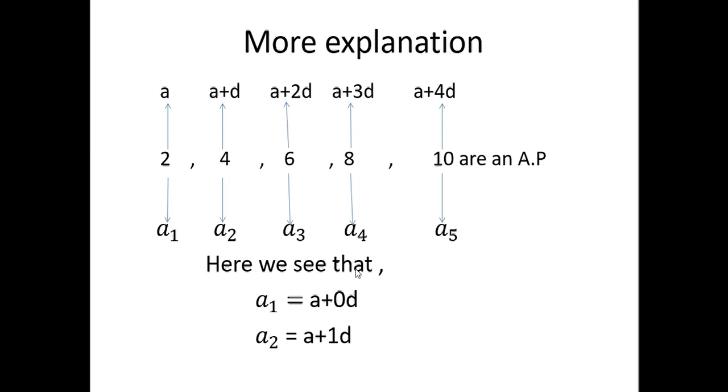We see that if here 1, then the coefficient of d will be less than 1, that is 0. If here 2, then coefficient of d is 1, which is less than 2.